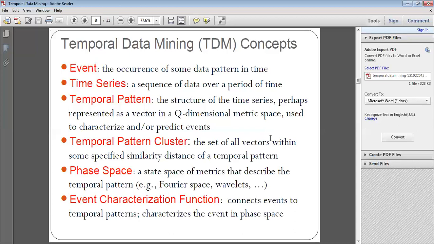Temporal pattern cluster: the set of all the vectors within some specified similarity distance of a temporal pattern. The combination of the patterns is called the temporal pattern cluster. Next is the phase space, a state space of the metrics that describe the temporal pattern.